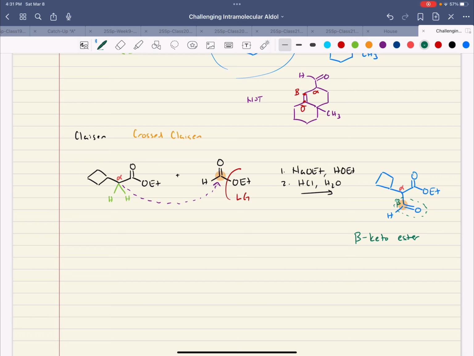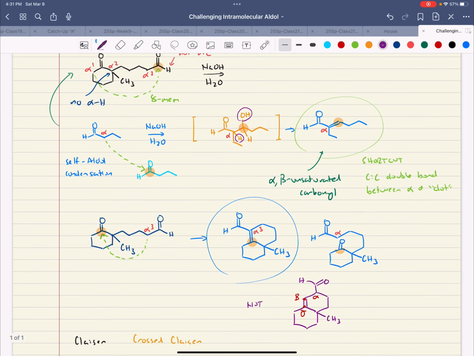Let me see if there's any other ones I want to go over. So when you're having aldols and Claisens, I tell my students to go ahead, if it's a possibility, don't just stop at the aldol product, the one with the OH.